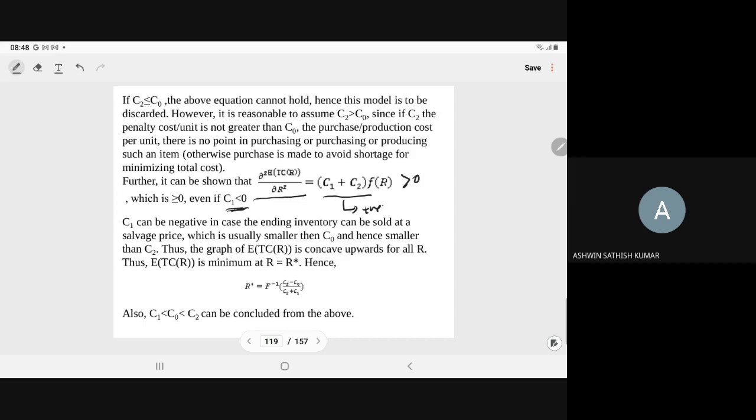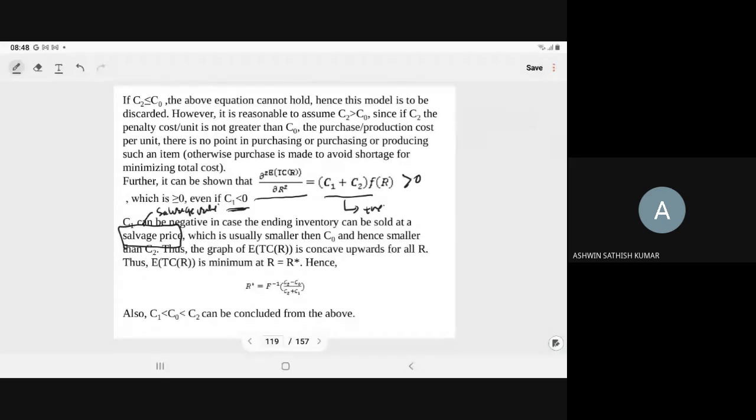C1 can be negative when the ending inventory can be sold at the salvage price, which is usually smaller than C0. Leftover items can be sold at the salvage value, which is always smaller than C0, hence smaller than C2, so C1 plus C2 becomes positive. Thus, the graph of ETC(R) is concave upward for all R.